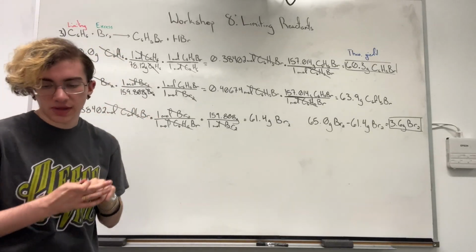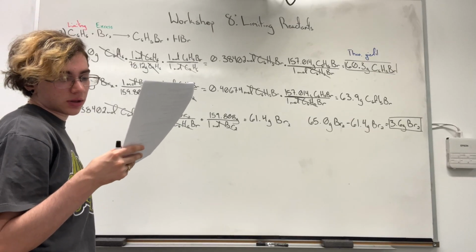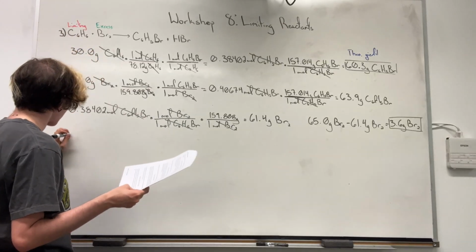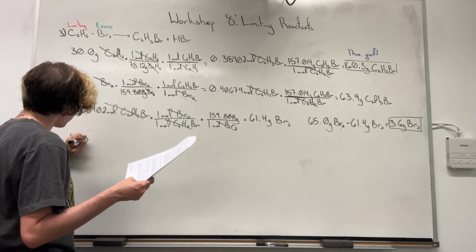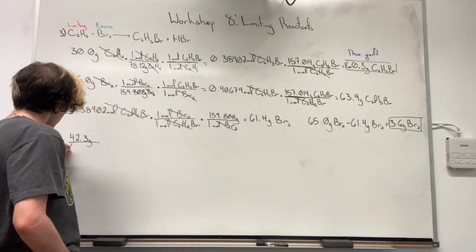And so last part is that percent yield. They told us that in this reaction, 42.3 grams of bromobenzene is collected. So our actual yield is 42.3. We know that we can make 60.3 grams.